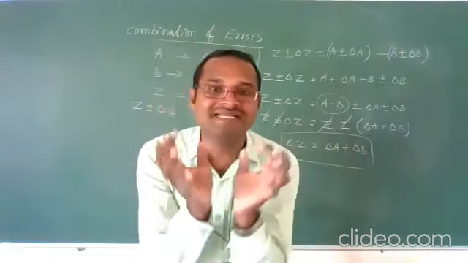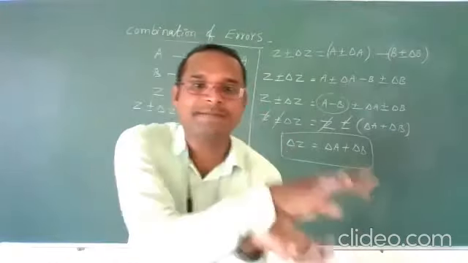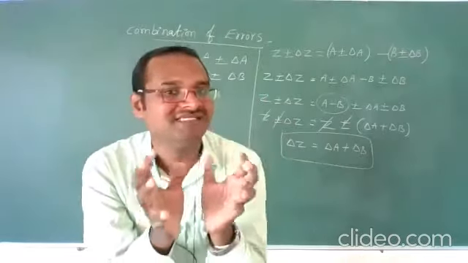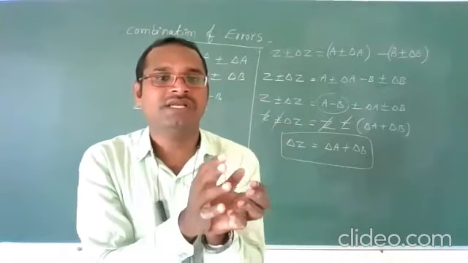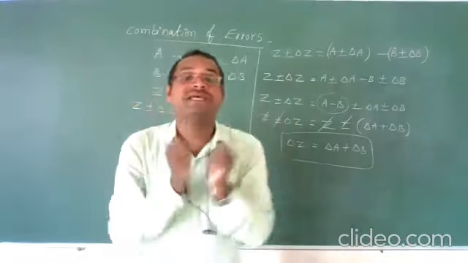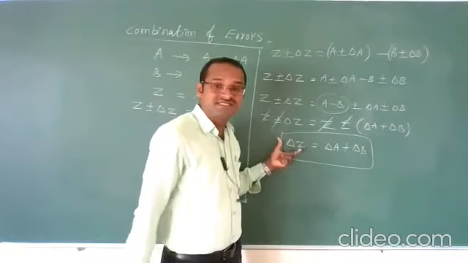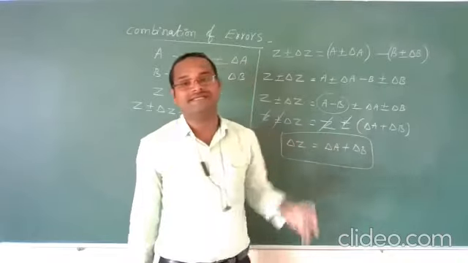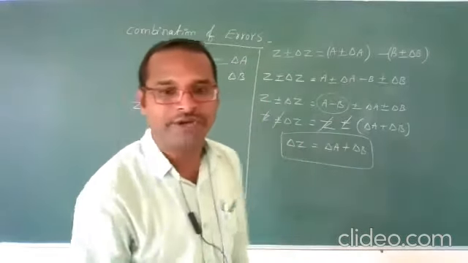Whether the result is addition or subtraction, the absolute error in the result is always the addition of the absolute errors in the individual quantities. I hope you understand this point very clearly.